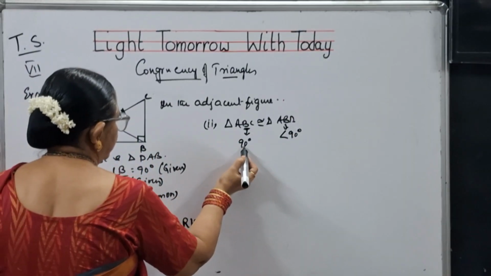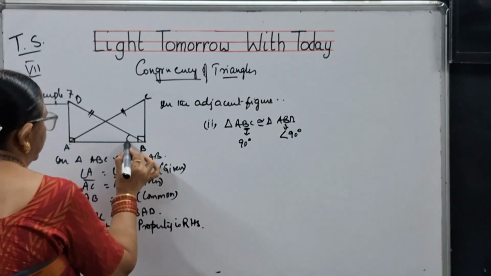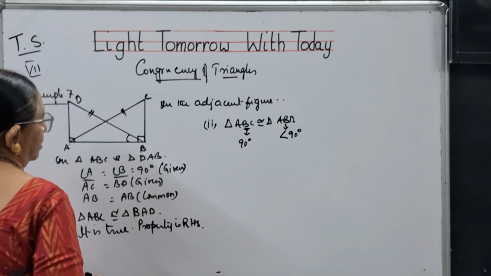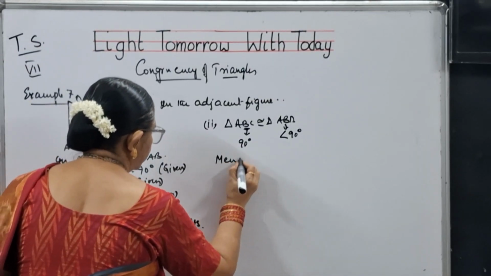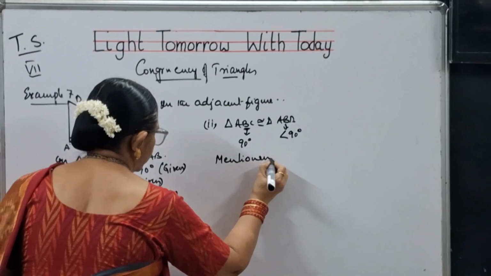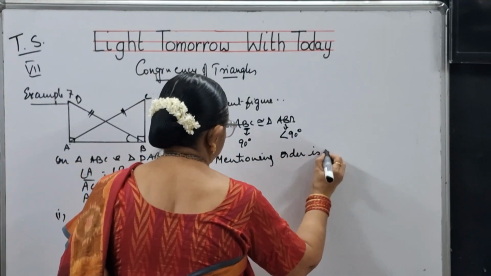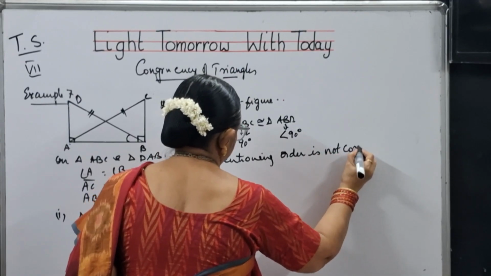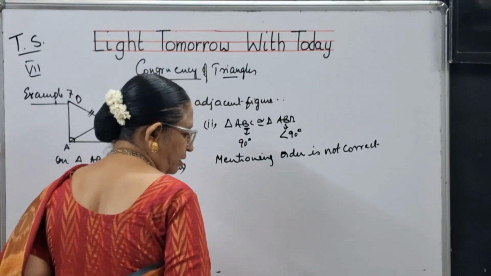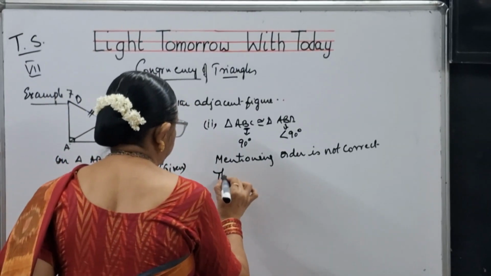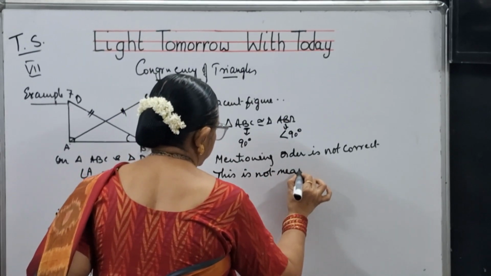Here B, that is there in the center, is 90 degrees in ABC. Here, this becomes angle ABD. This is not 90 degrees. So the order they have mentioned is not correct. So this is not meaningful.